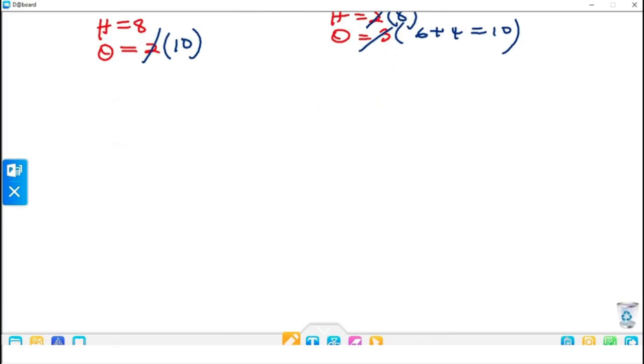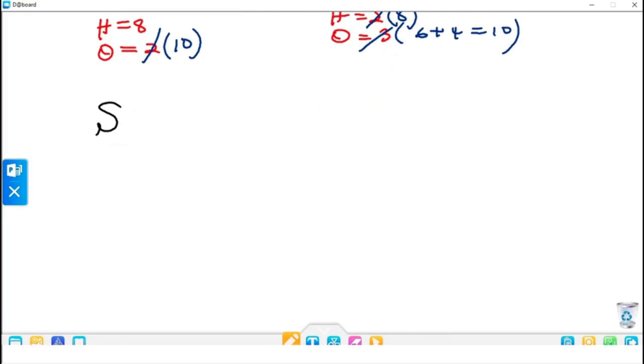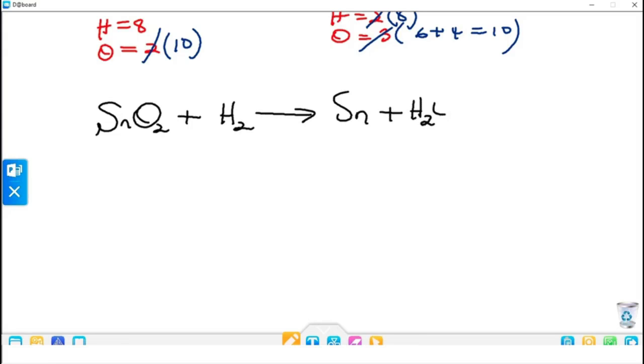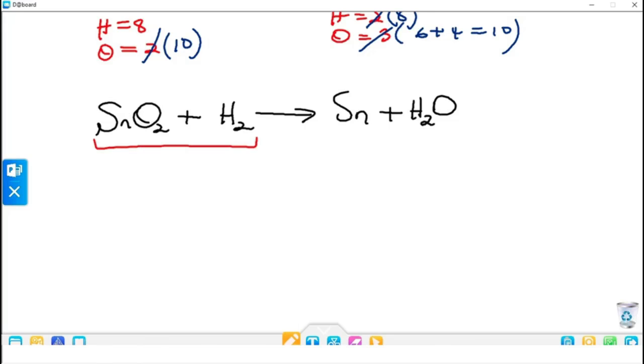We have tin(IV) oxide plus hydrogen. That gives us tin plus H2O. How do we balance that equation? To balance the equation on the board, we simply have to follow our steps and rules.